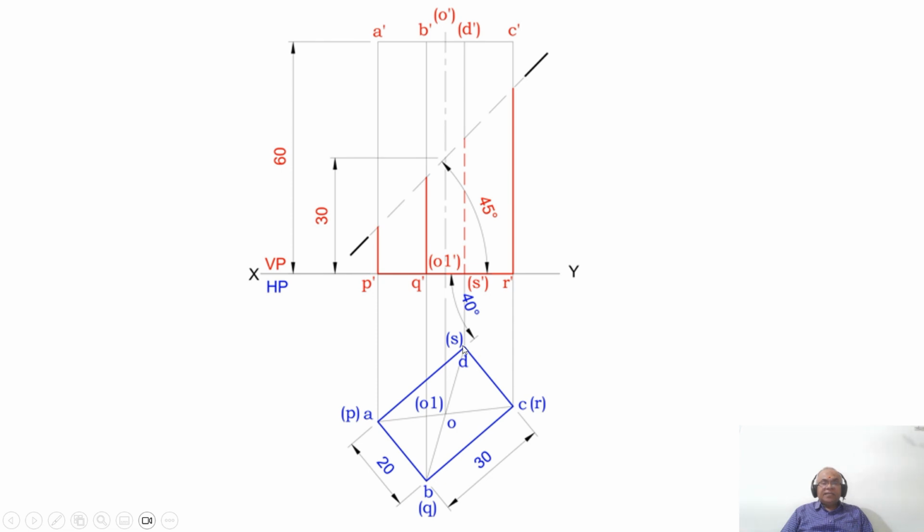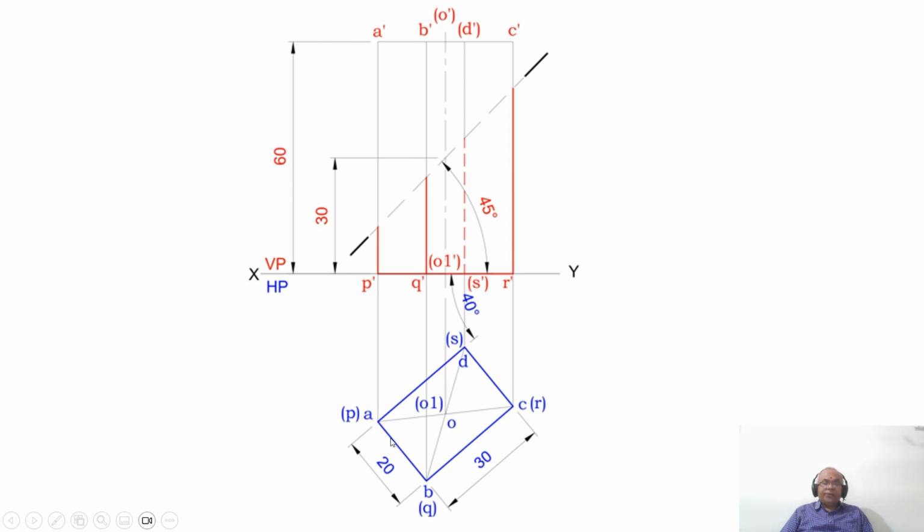Similarly, with D as center, with respect to AD, you measure an angle of 90 degrees and draw a perpendicular line. Then using the compass with A as center, take a radius of 20 and cut an arc on this perpendicular line. Similarly, with D as center, you cut an arc on the other perpendicular line for a distance of 20 mm. You mark these points as B and C.